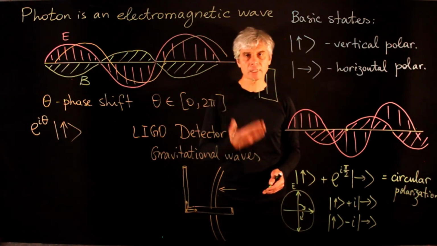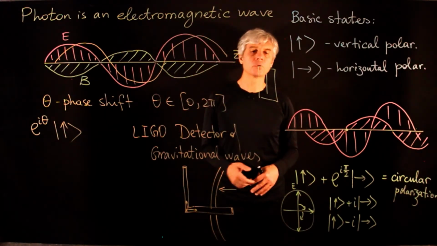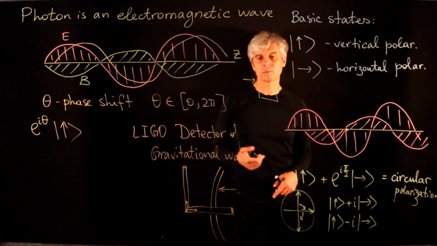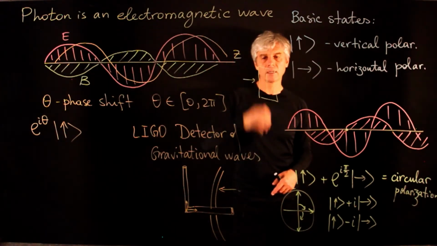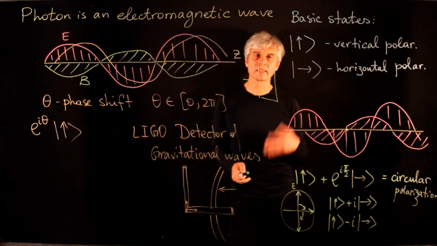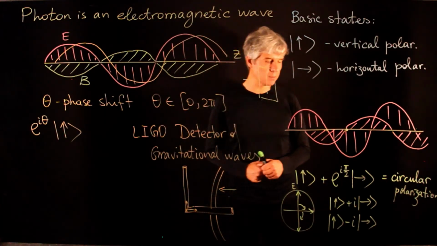And then after this layer, you put two different filters. On one eye you put the filter that only lets the vertically polarized light pass, and for the other eye, the second filter is turned 90 degrees.